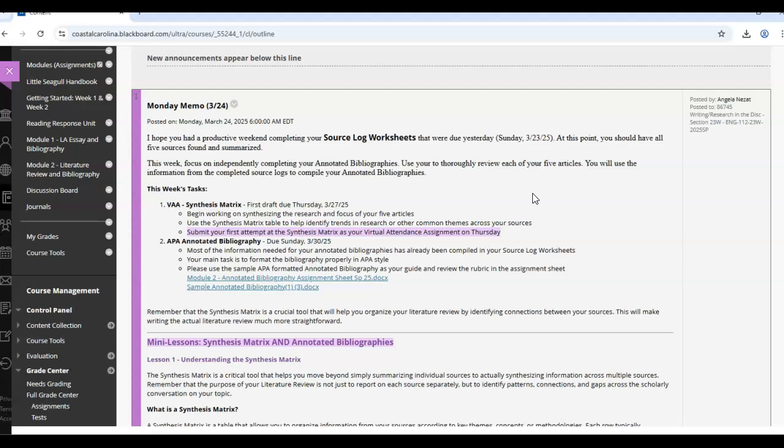Really, in effect, that's what you're doing. You're looking to see what kinds of goals and research the different studies that you found on your research question had. What were the hypotheses? What kind of methodology? What were their findings? What were the groups they were studying?